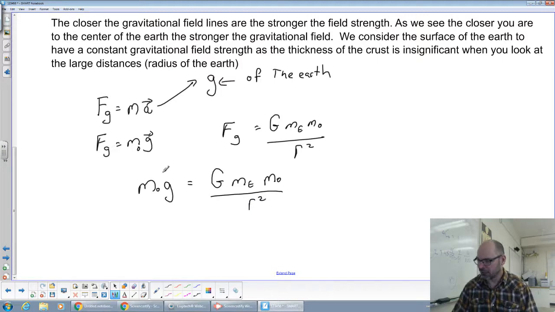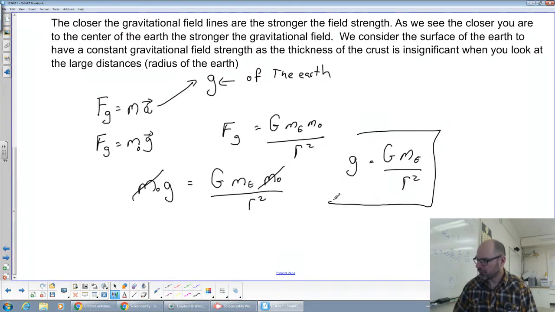So we can see that the mass of the object eliminates itself. Sorry, guys. So then we come up with the gravitational field strength. Okay. So G times the mass of the planet or Earth divided by r squared. This represents the gravitational field strength formula, and it'll come out in newtons per kilogram.